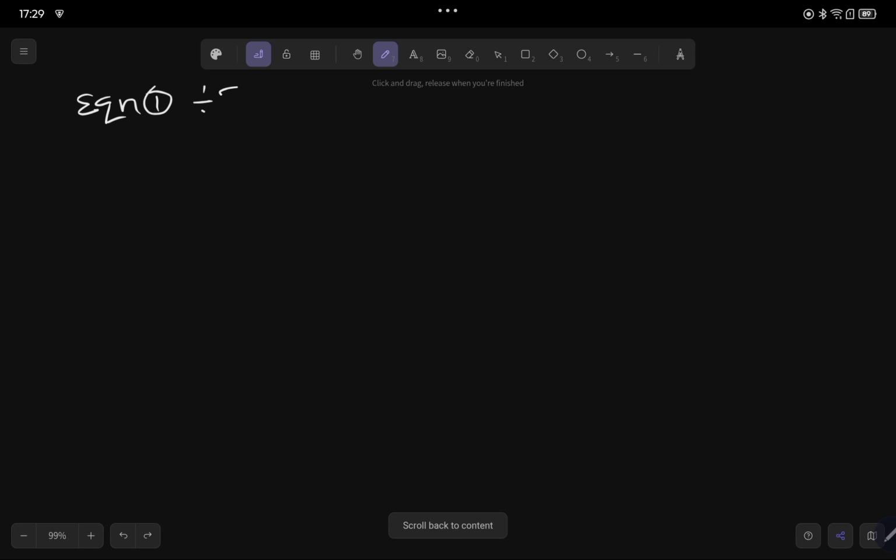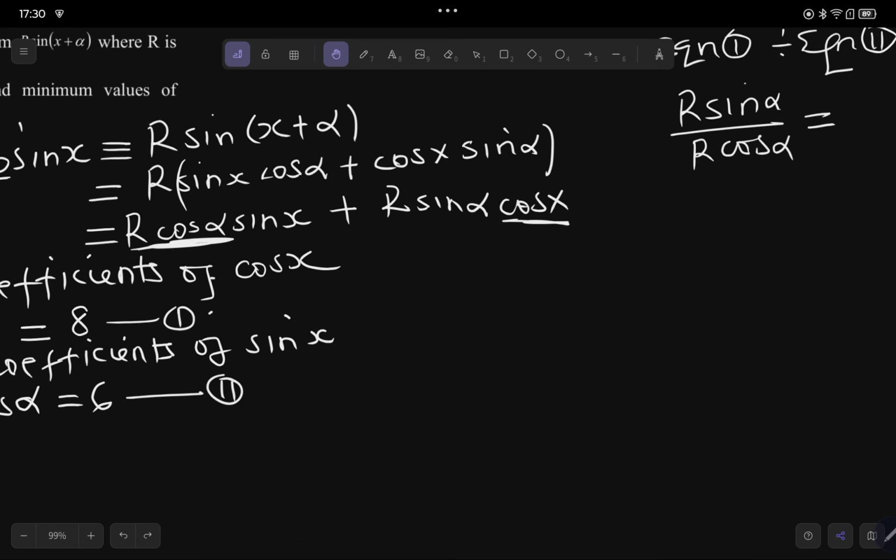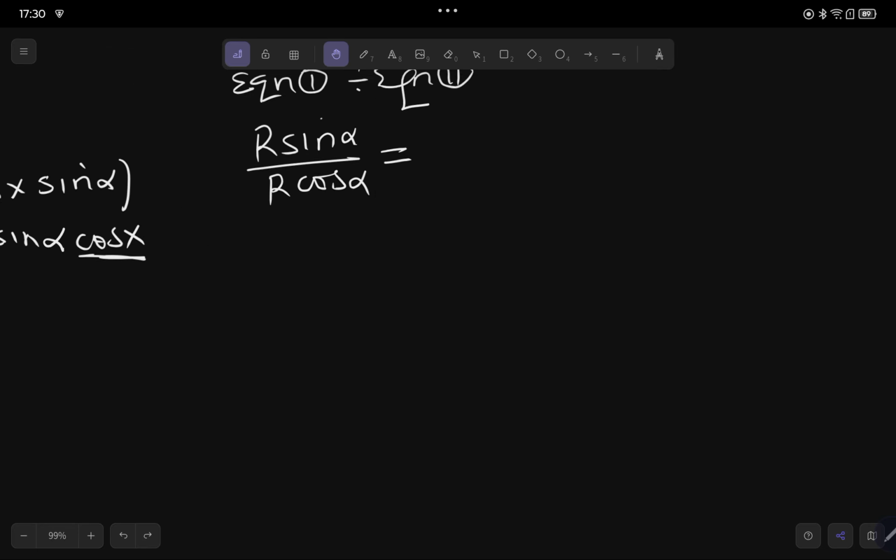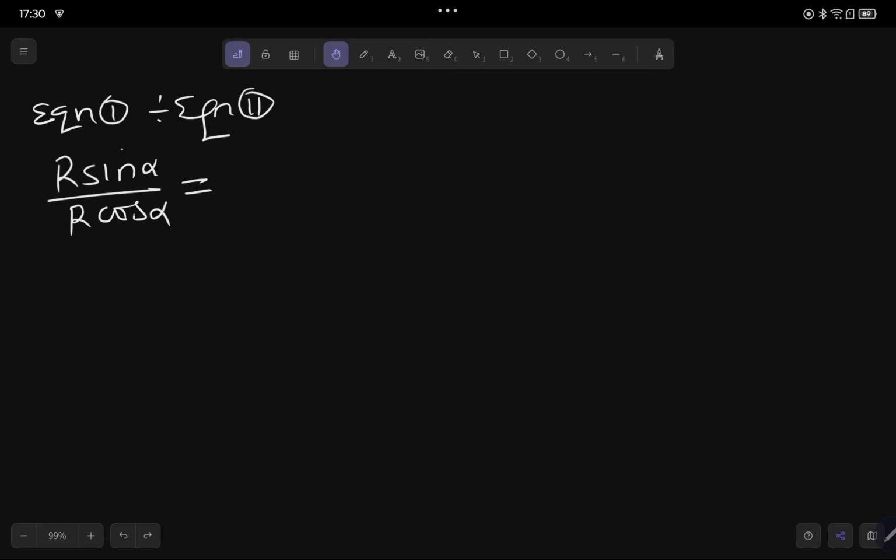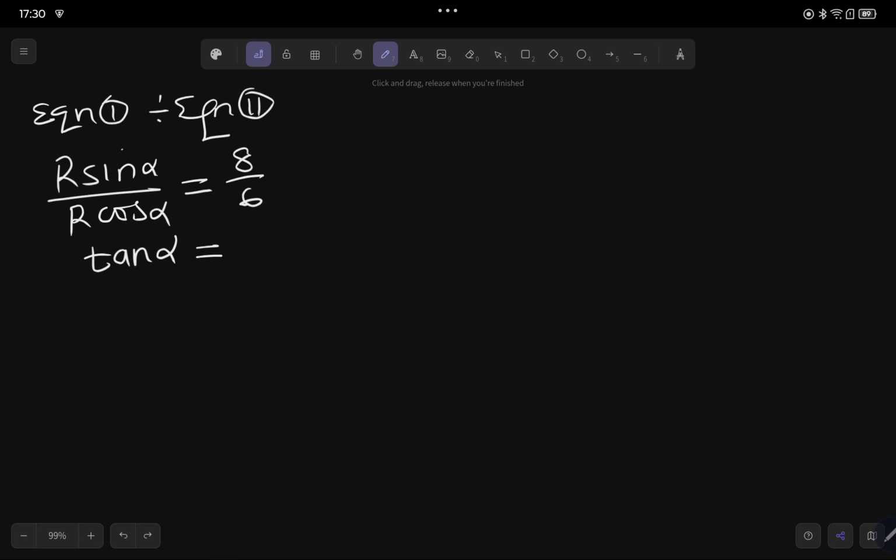It will be r sin alpha over r cos alpha is equal to 8 over 6, which means tan alpha is 4 over 3.